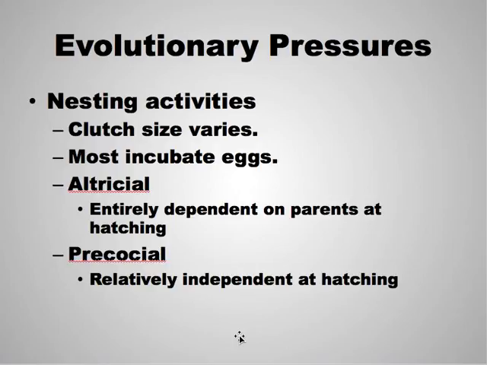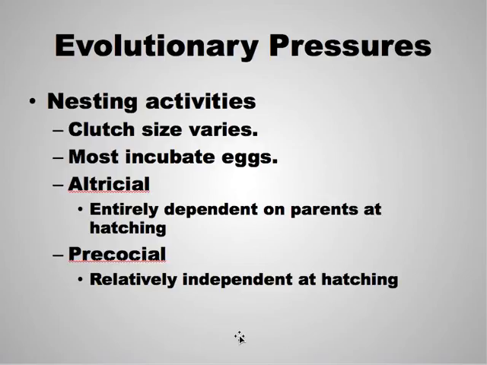Nesting activities. Clutch sizes vary across species. Most of them incubate the eggs. There are a few species that are super precocial that don't. Altricial species versus precocial. So altricial eggs and offspring are entirely dependent on the parents at hatching. Precocial are relatively independent at hatching.